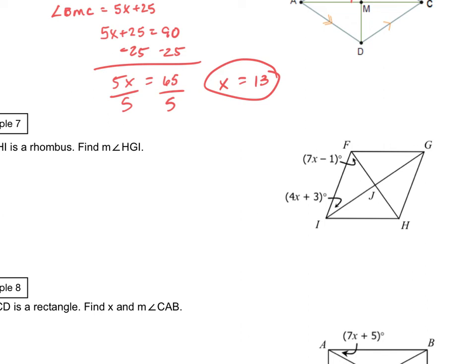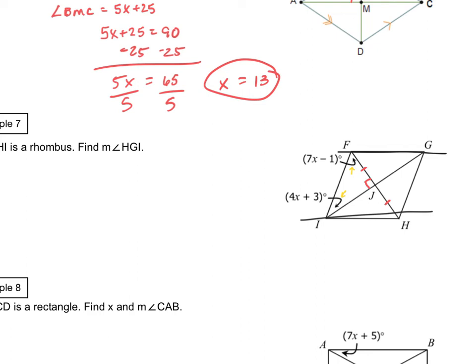Okay, rhombus, 90 degrees. This is congruent to this. Parallelogram, though. Parallelogram, remember that this angle plus this angle is going to be equal to 180 degrees. Or I know that this angle plus this angle should equal 90.